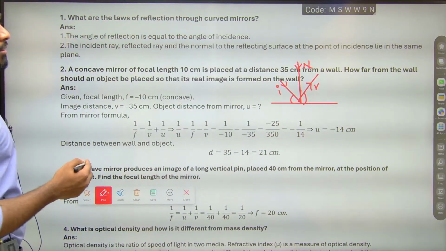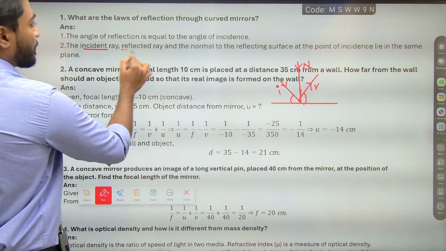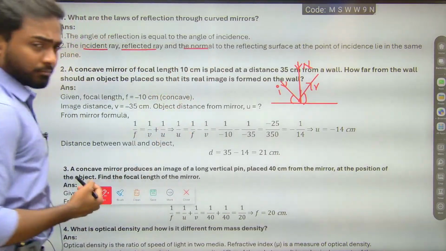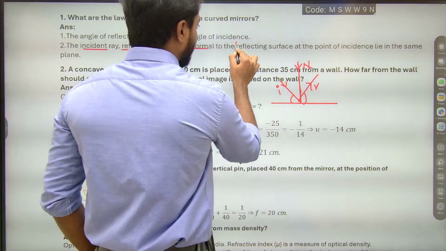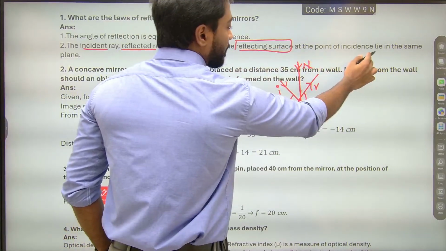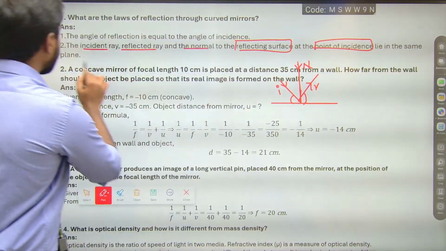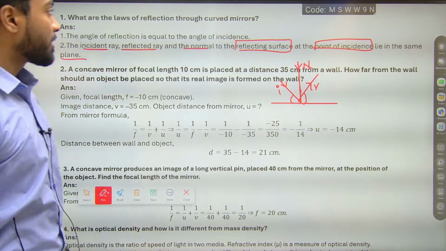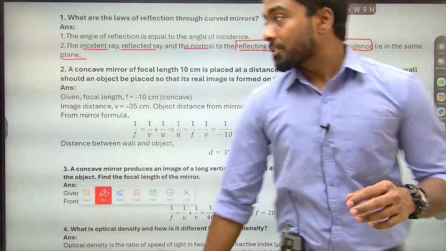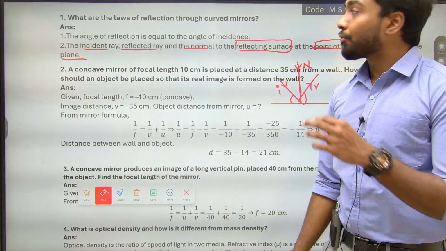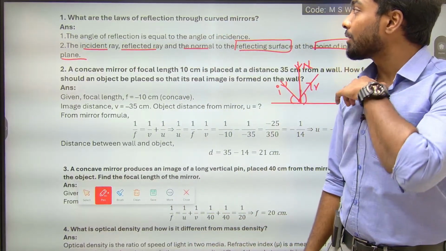So the incident ray, reflected ray and the normal to the reflecting surface at the point of incidence lie in the same plane. So that's the first question, the laws of reflection through a curved mirror.